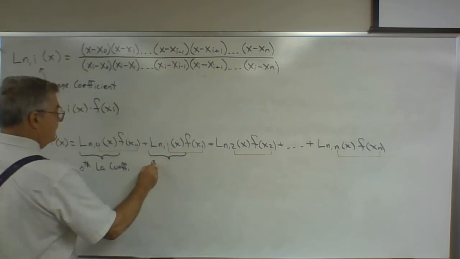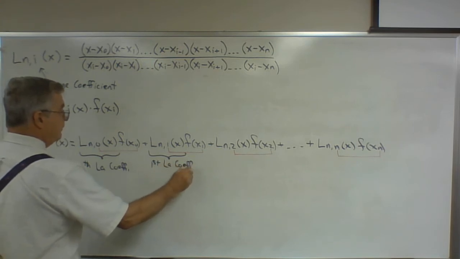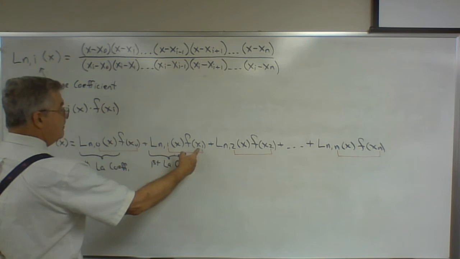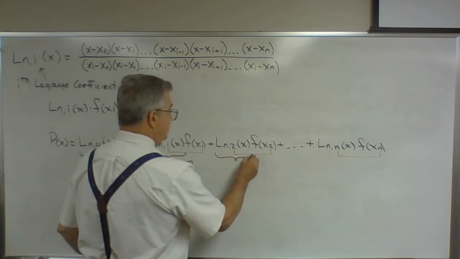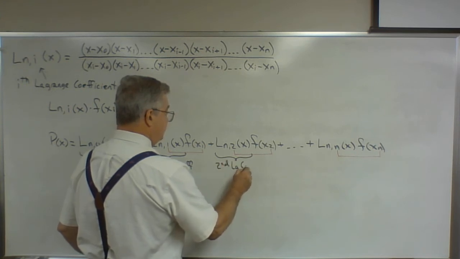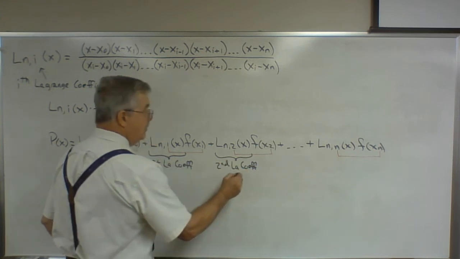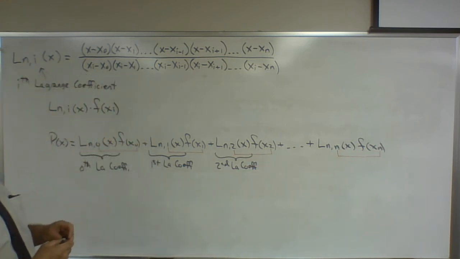Here we have the first Lagrange coefficient multiplied by f of x of 1. Here we have the second Lagrange coefficient multiplied by f of x of 2, and so forth.